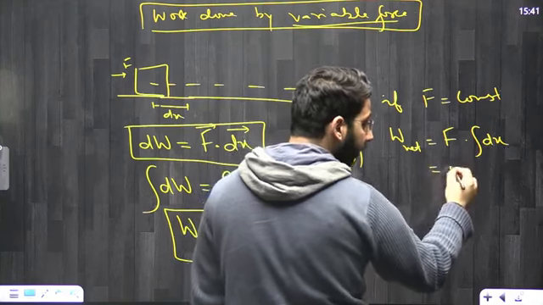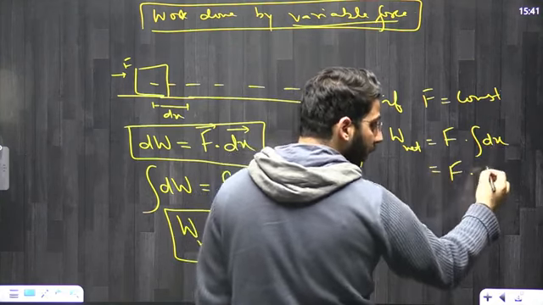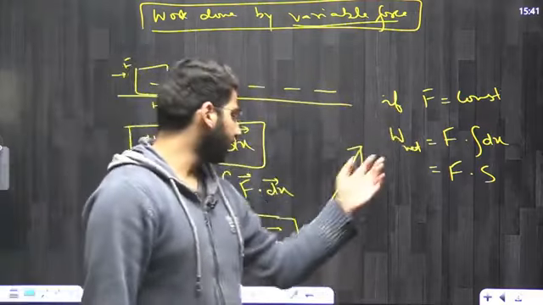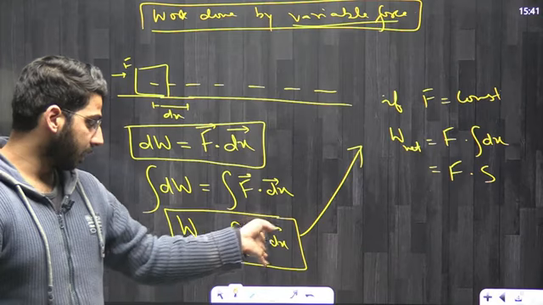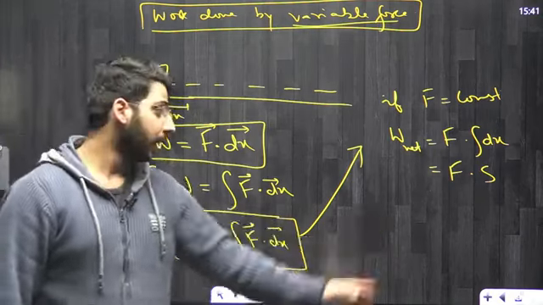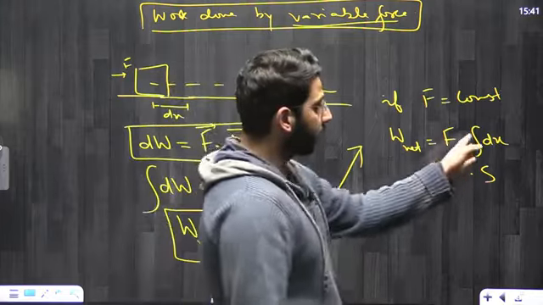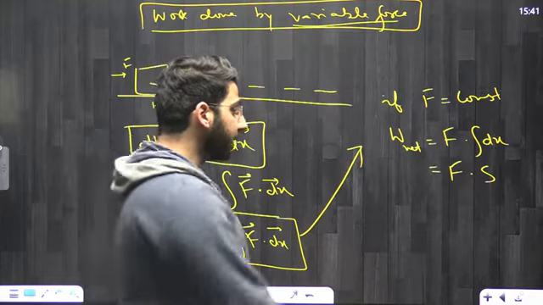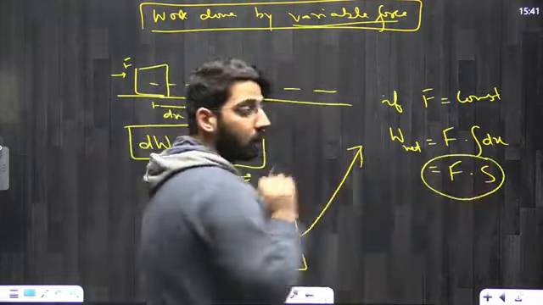That will be the whole x, the whole displacement. So F dot s. Here I have assumed that things are going in the x direction only, so whatever is the total x traversed will be the total displacement in this case.